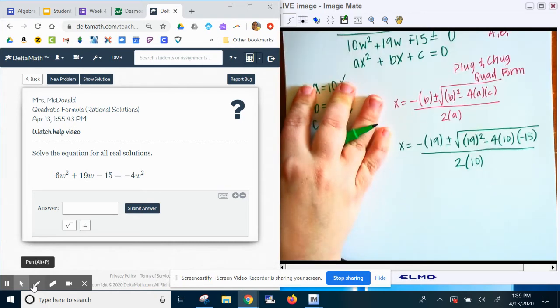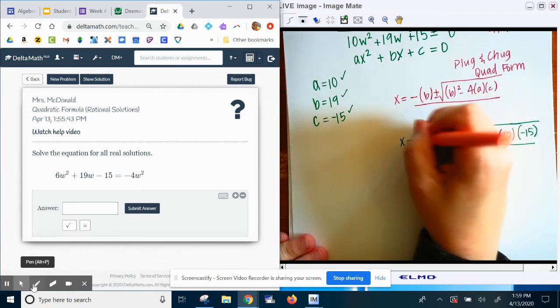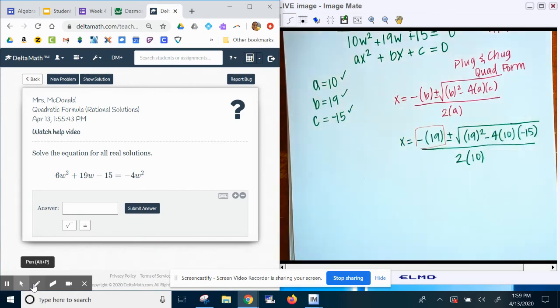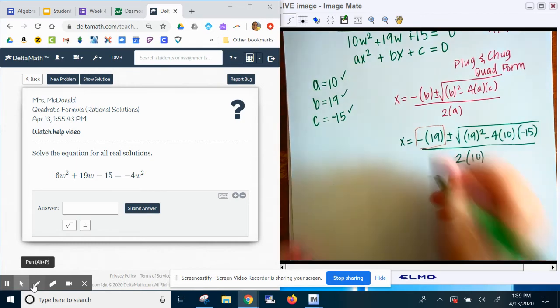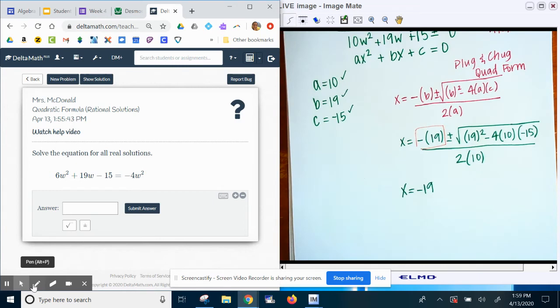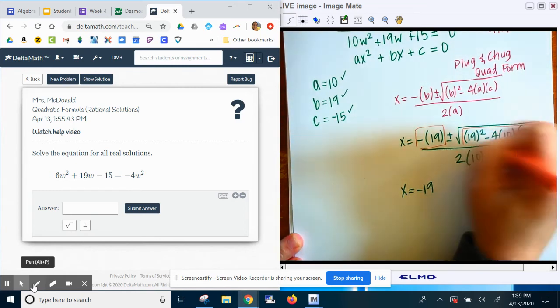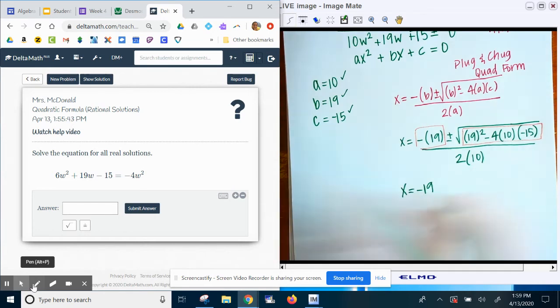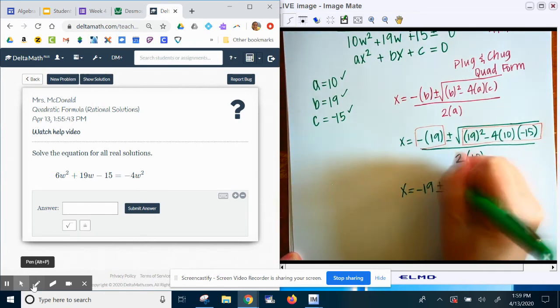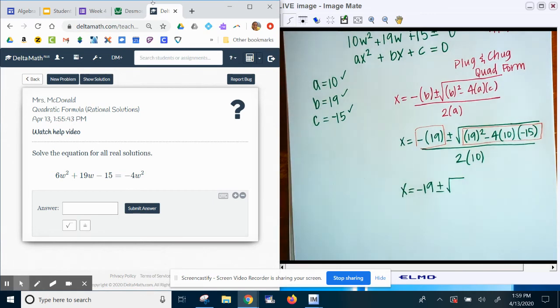Okay, so the next thing I'm going to do is simplify in 3 spots. I'm going to simplify up front. I have the opposite of 19, which is going to give me negative 19. Okay, I'm going to simplify under the square root. I still have the plus or minus, I still have the square root, but I'm going to take all of this stuff and pop it into Desmos, or you can use your calculator.